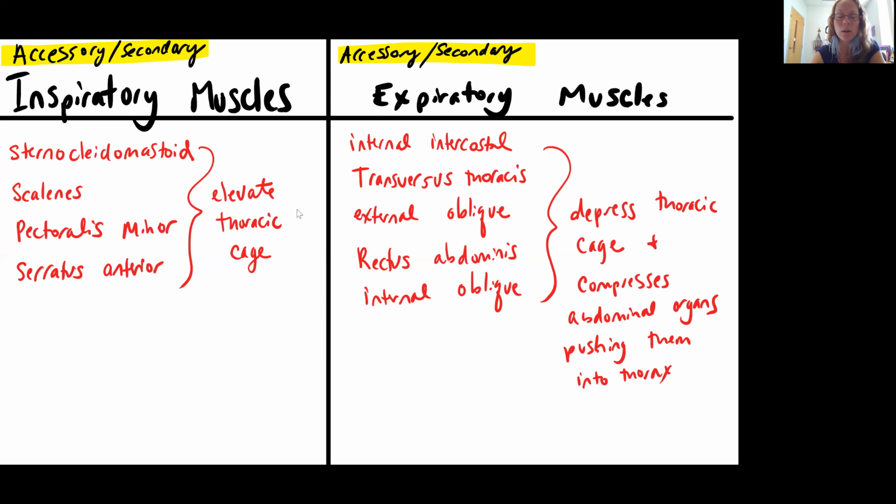So we have several here that are part of our abdominopelvic cavity that are going to play a role. Now again, here we have 5 muscles, 4 of which we already know from A&P1. We haven't studied transversus thoracis, so while it's listed here because it is one of our accessory expiratory muscles, I won't be asking any questions on that one.